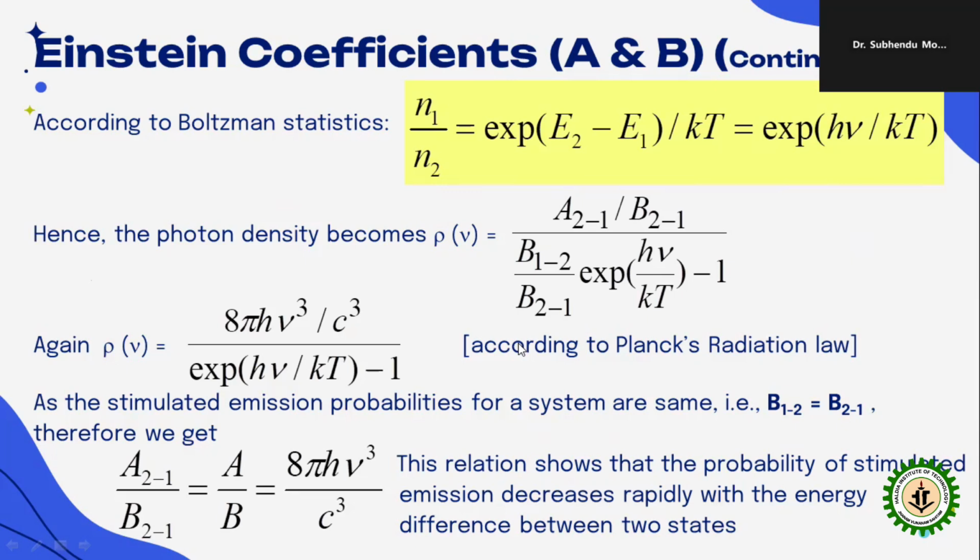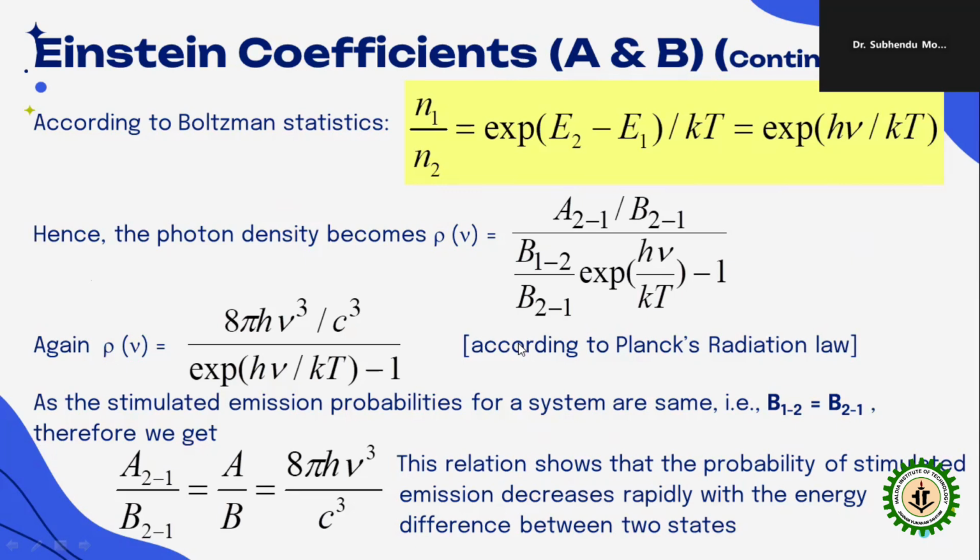Before we compare these two equations, we should know the relation between B12 and B21. So what is B12? B12 is the stimulated emission coefficient from state 1 to 2, and B21 is the stimulated emission process from state 2 to 1.